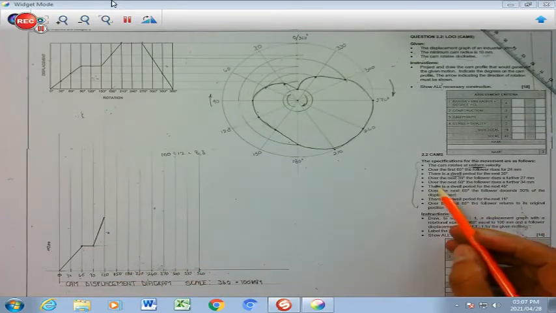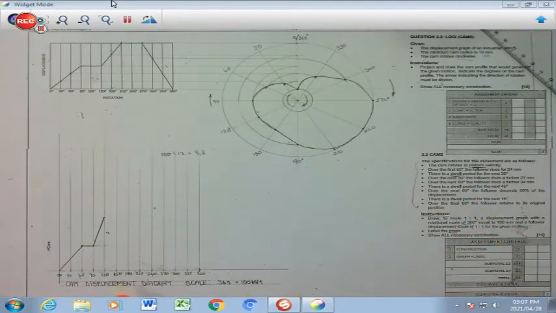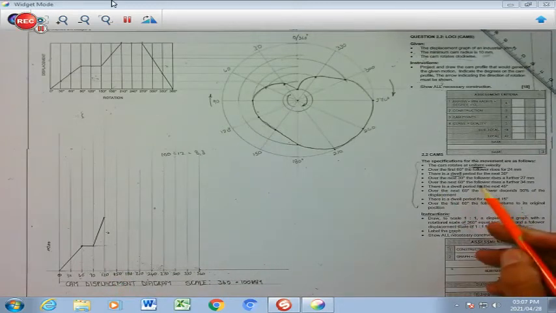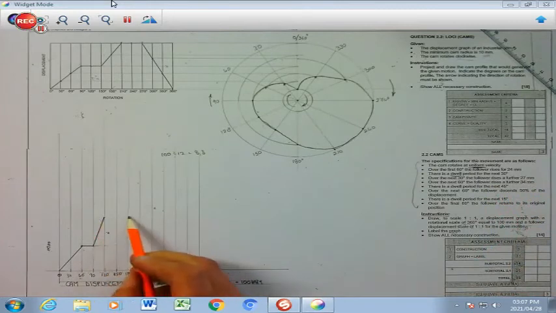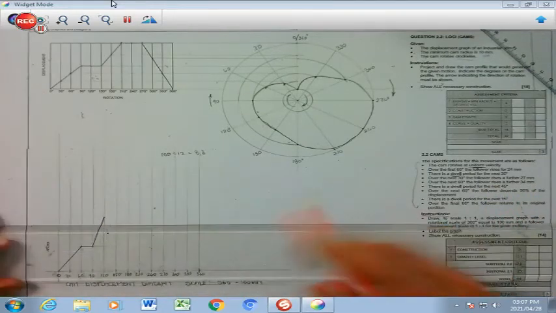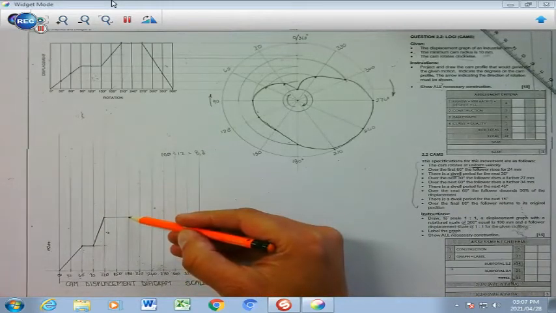I go to my next point: over the next 60. 60 would be 2 jumps from 120 to 180. That is 30 and that's 30. The follower then rises a further 34 millimeters. So over the next 2, which is going to be here, I'm just going to draw a faint line just to indicate my movement and keep track of my movement.